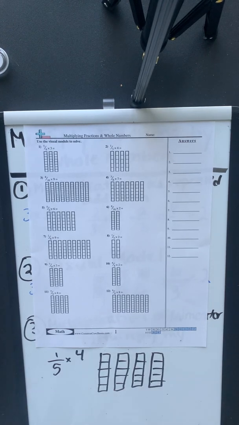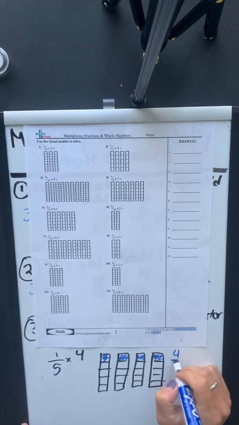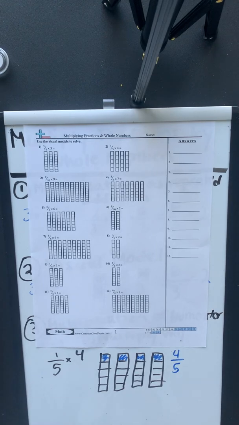All right. And in each of those, I know I have 1/5 colored in. I just have 1 here, 1 here, 1 here, and 1 here. So I know that 1/5 times 4 is 1, 2, 3, 4 fifths. I want you to show me this strategy, and then I want you to show me one other strategy.